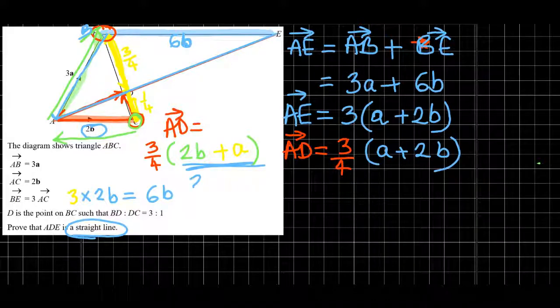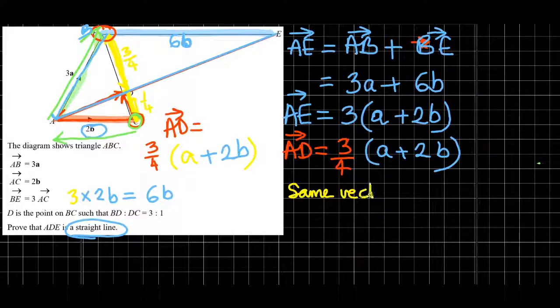A plus 2b is the same as 2b plus a, so we could swap those two. So they have the same vector, a plus 2b, so they must be parallel.